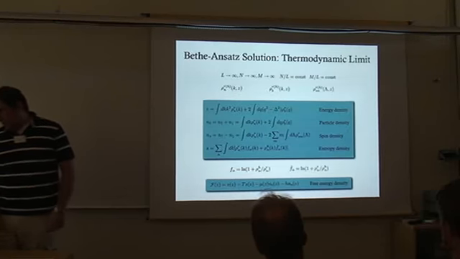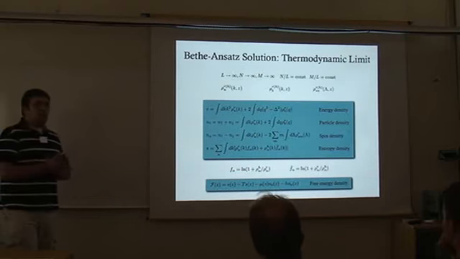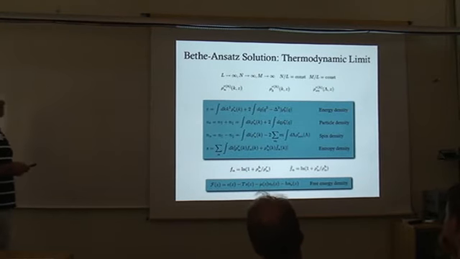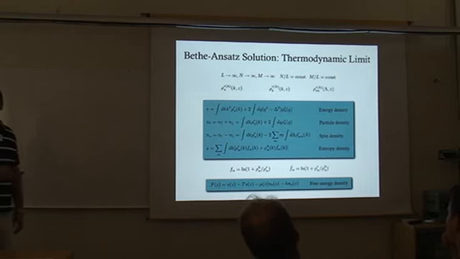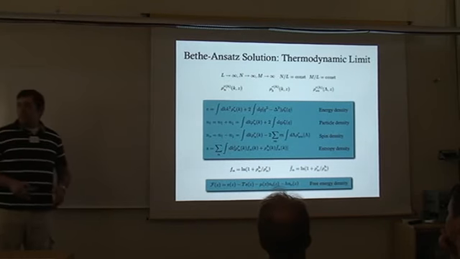So what one does then is to solve the thermodynamics. One goes to the thermodynamic limit, which means fixing the density and the polarization to a constant, just putting n and m, where n is the number of particles and m is the number of the minority species.